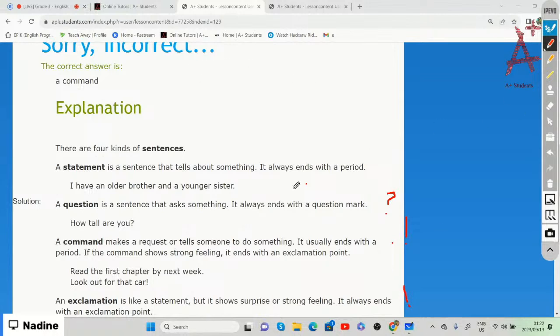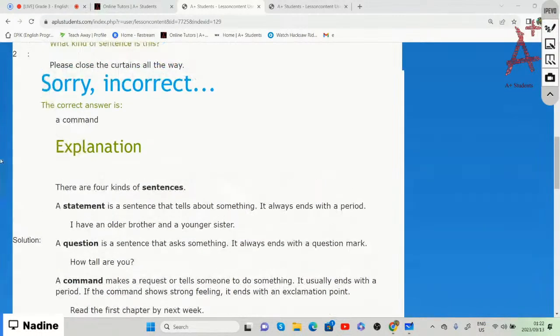So if we have a sentence that says, please close the curtains all the way, and ends with a period, to make it even easier, we look at the four different types of sentences. Two of these end with a period, which is a statement and a command.